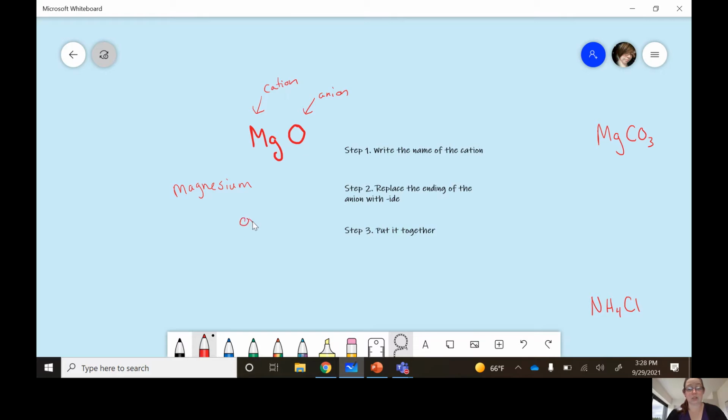So our anion is oxygen. We're going to pull the YGEN off and we're going to add IDE. So it's now oxide, and then we're going to just put the whole thing together. Magnesium oxide. Okay, don't capitalize it unless it's at the beginning of a sentence. You write it just like any other word. No special rules there except that, you know, it has to stay together.